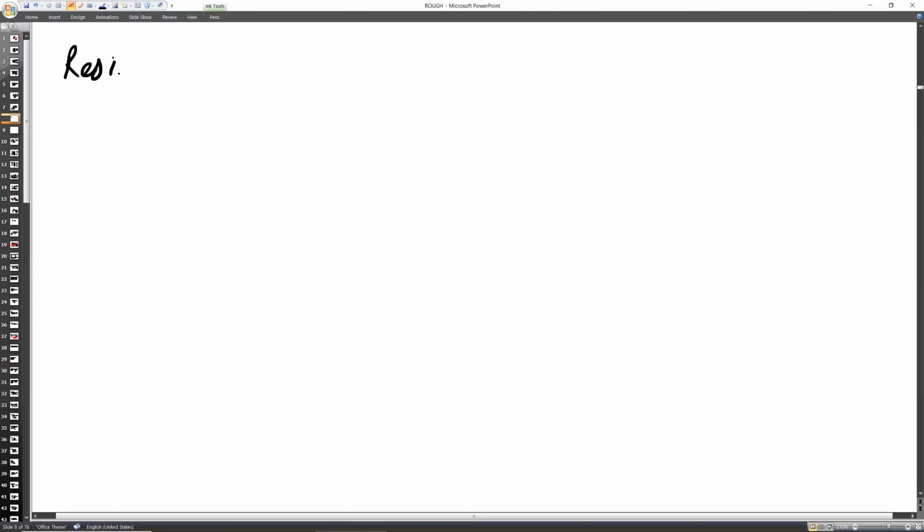What is the difference between resistivity and resistance?